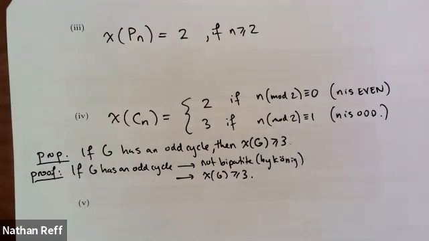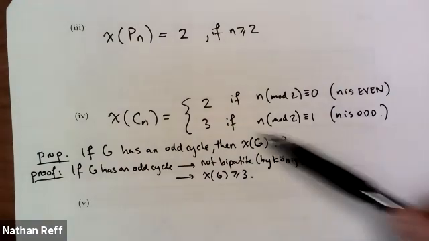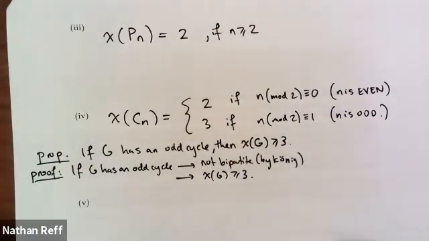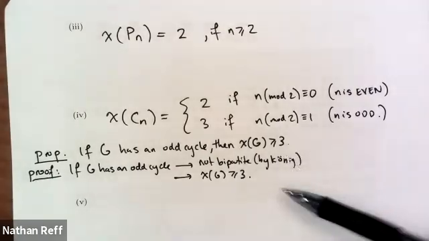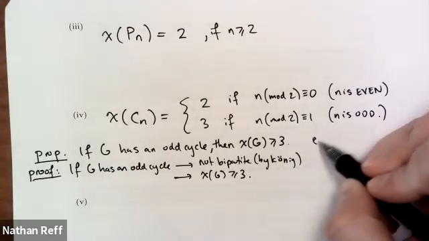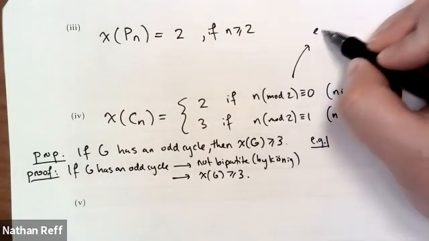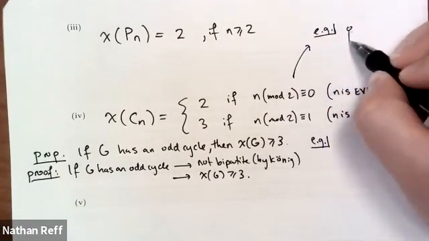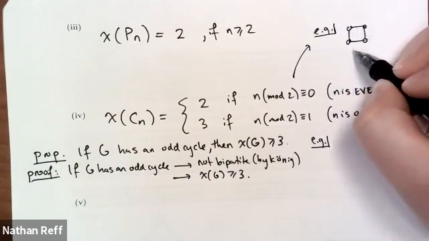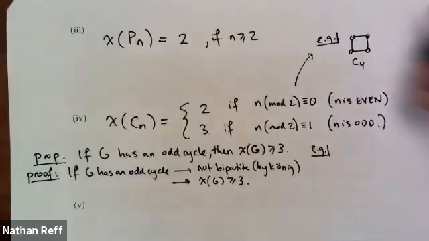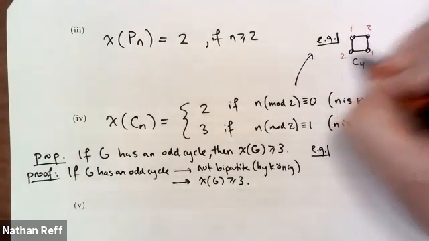The way you can think about it is it'll follow the even pattern up until pretty much the last vertex, and that's the only one that you'll need to color with the 3rd color, if you look back at the definition. Let me give you an example of both of these. So here's C4. I only need 2 colors as I go around, right?